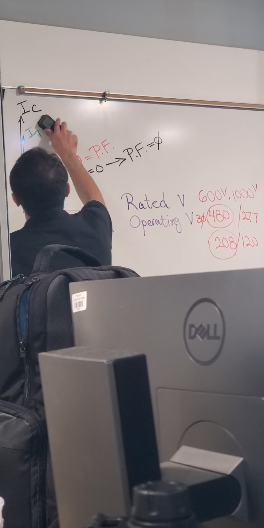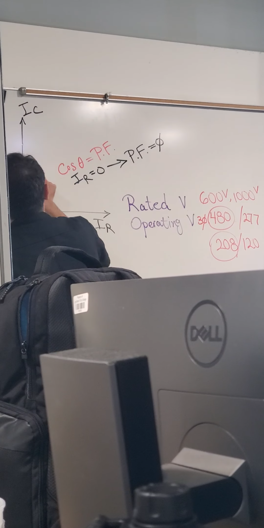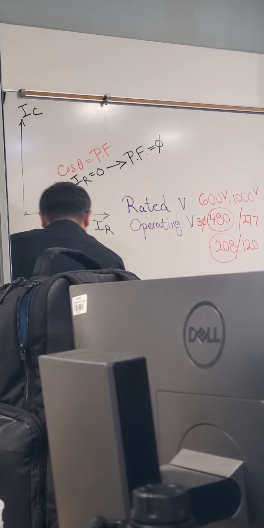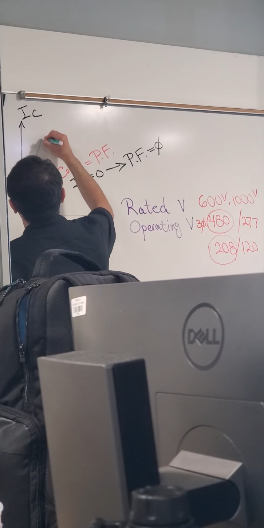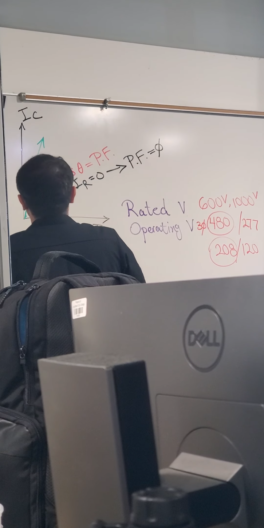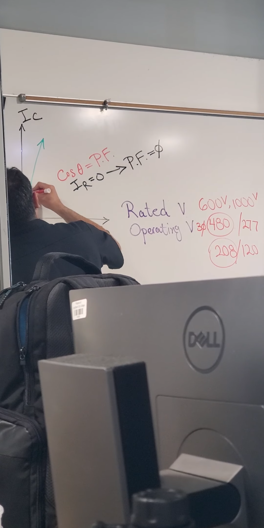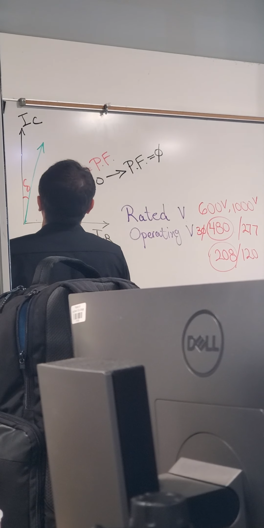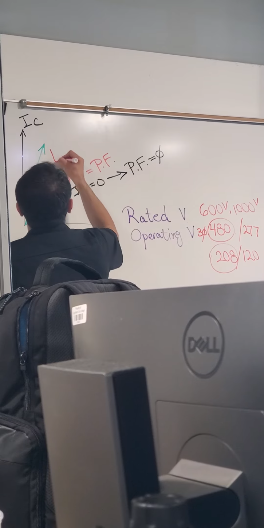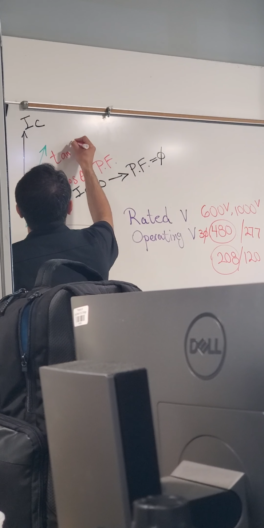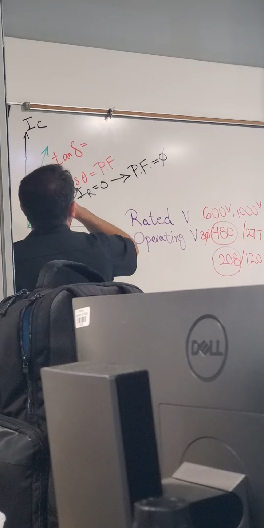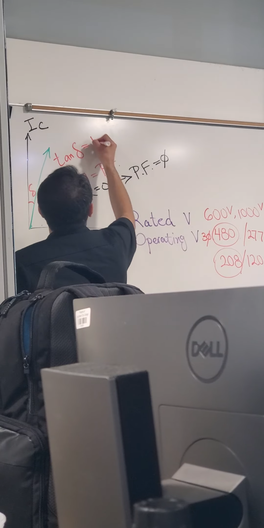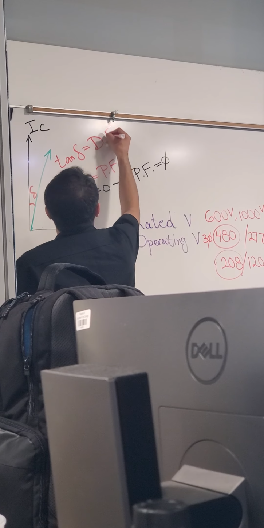The other item I want to mention here, getting back to here, this angle, I'm going to call it delta. This is a small delta annotation. Tangent of this angle, tangent of delta, we call it dissipation factor.